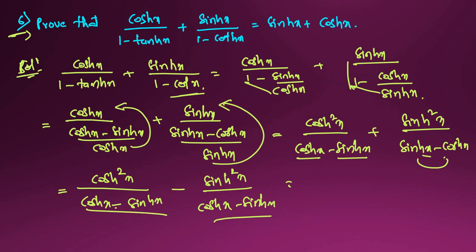So here the denominator, the LCM, will come as cosh x − sinh x, and the numerator will come as cosh²x − sinh²x.